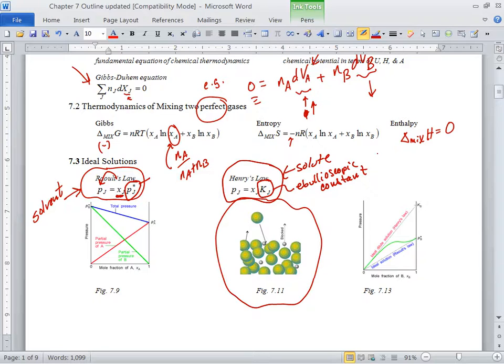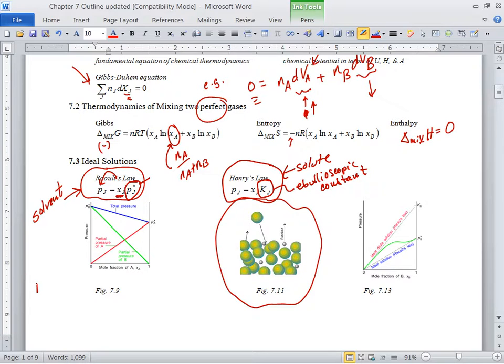So Pj, how would you define it, Kelly? If this whole equation's for the solute, Pj would be... you said, yeah, but vapor pressure of what? We're talking about Henry's law now. Pj is what of the solute? The vapor pressure of the solute, exactly. That'd be vapor pressure of the solute.